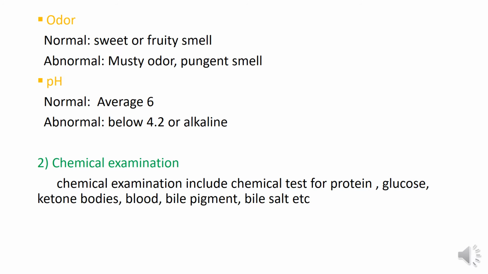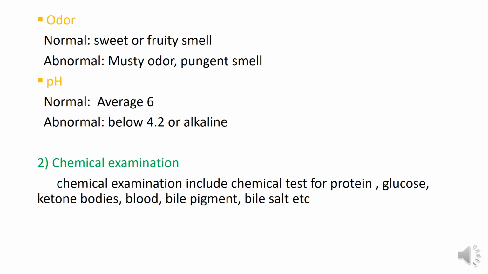Urinary tract infection caused by Escherichia coli results in acidic pH, below 4.2, and urinary infection caused by Proteus and Pseudomonas may produce alkaline urine. Two different types of bacteria produce two different types of condition. One is acidic due to Escherichia coli and alkaline due to Pseudomonas.